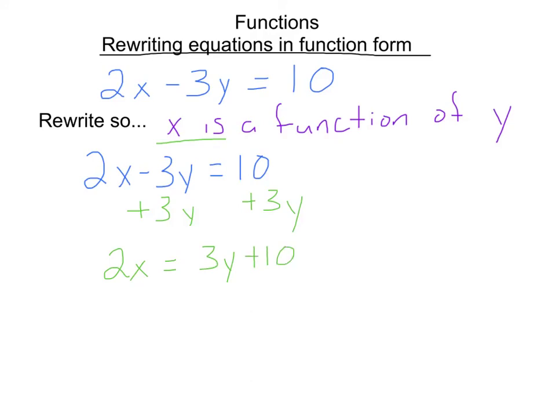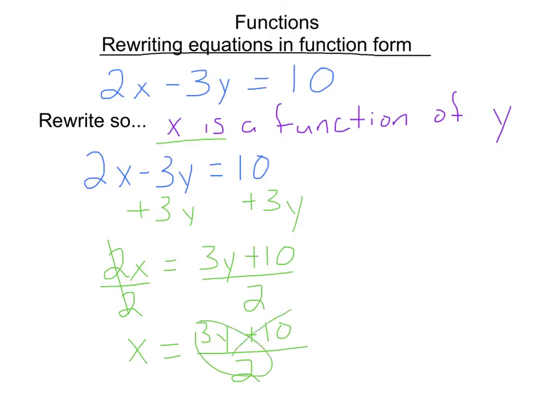Now that all of our other terms are on the opposite side of the equal sign from x, we can isolate x by dividing by 2. The 2's will cancel out, so x is alone. Once again, we can do the heart method, or we can leave it as x equals 3y plus 10 divided by 2. If we do the heart method, we will get that x equals 3/2 y plus 5.